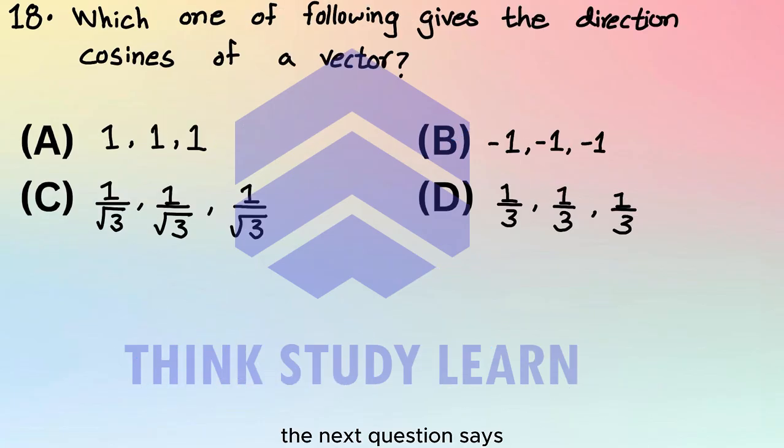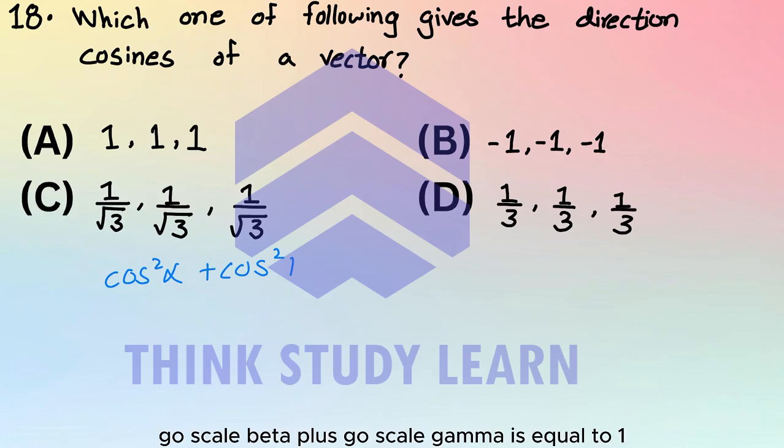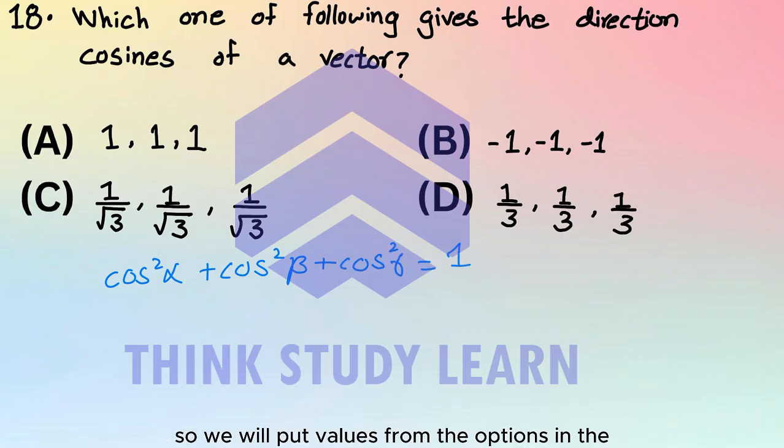The next question states, which one of the following options gives the direction cosines of a vector? So we know that to find the direction cosines of a vector, we have a formula which states cos square alpha plus cos square beta plus cos square gamma is equal to 1. So we will put values from the options in the formula.